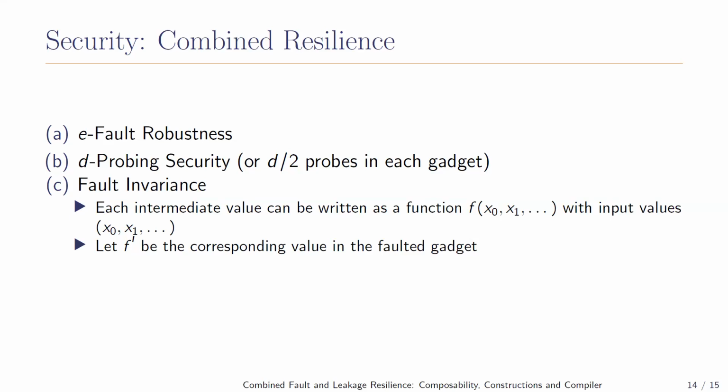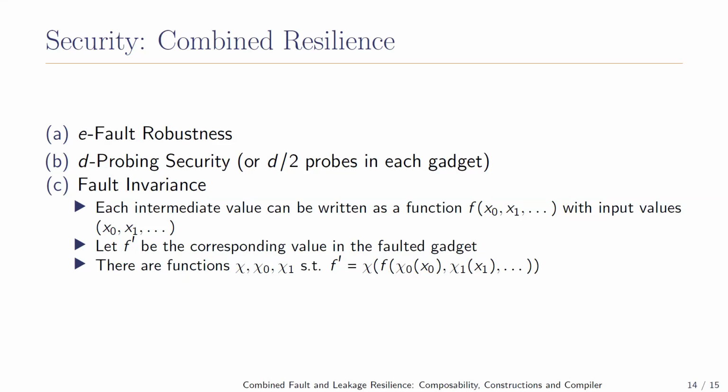And then we show that the faulted value of the faulted gadget F prime can be described as a function of the corresponding intermediate value of the unfaulted gadget, only that we have to apply some functions on the inputs and on the outputs.